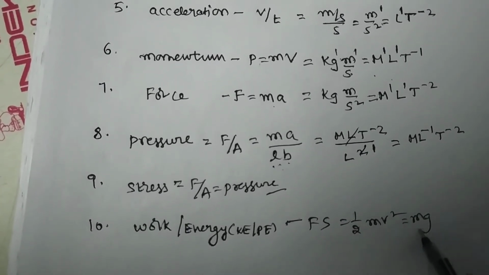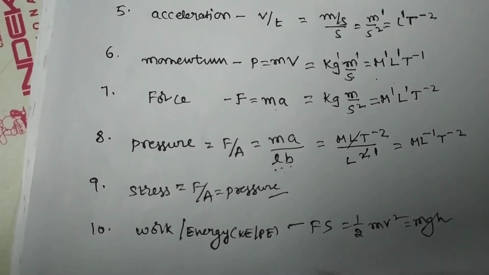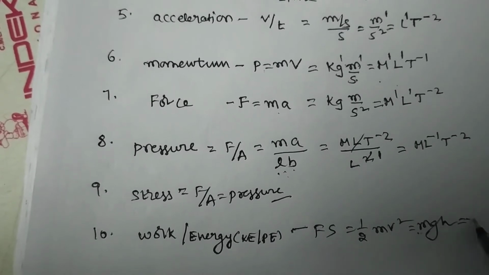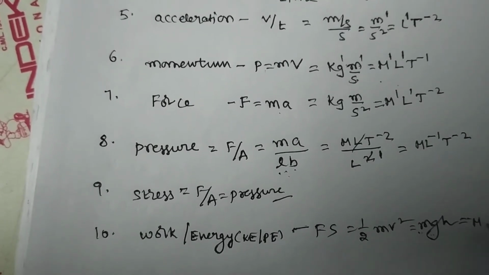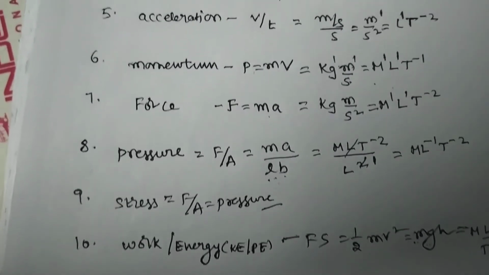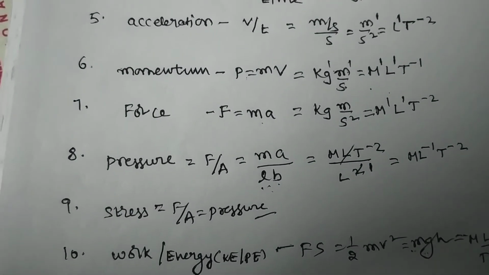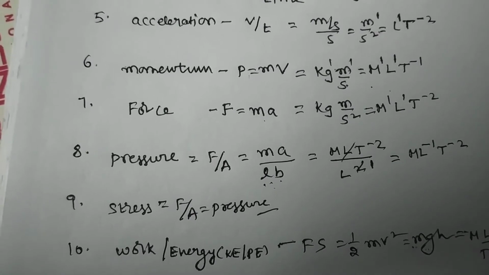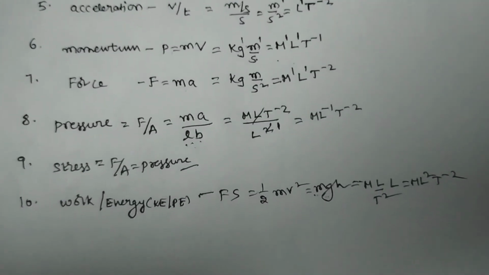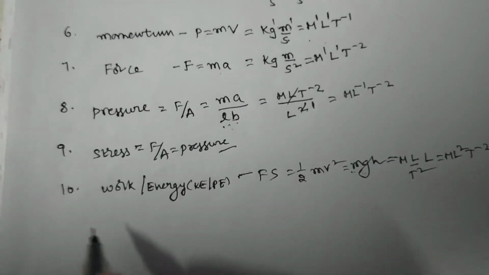Potential energy formula is mgh. Here m is mass, g is acceleration due to gravity, L by T square, and h is defined as L. So M L square T minus 2.